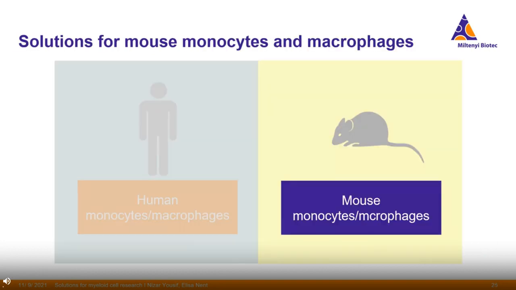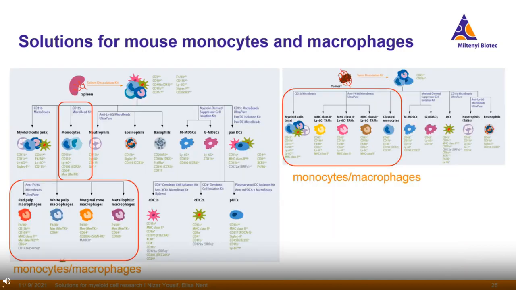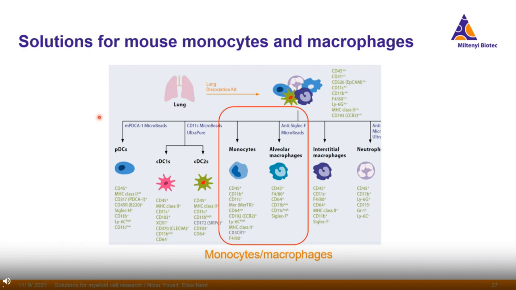Now, let's move to the solutions for mouse monocytes and macrophages. And here we also offer several options for different sample sources, from cell separation to cell culture to cell analysis. And these are solutions for myeloid cells in the lung.